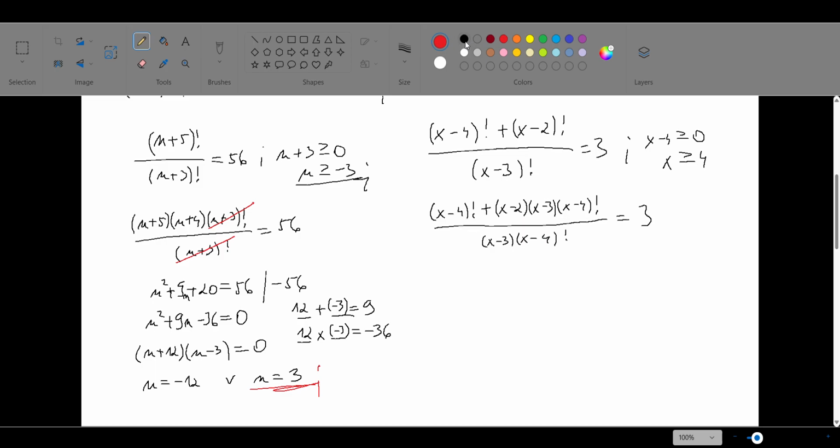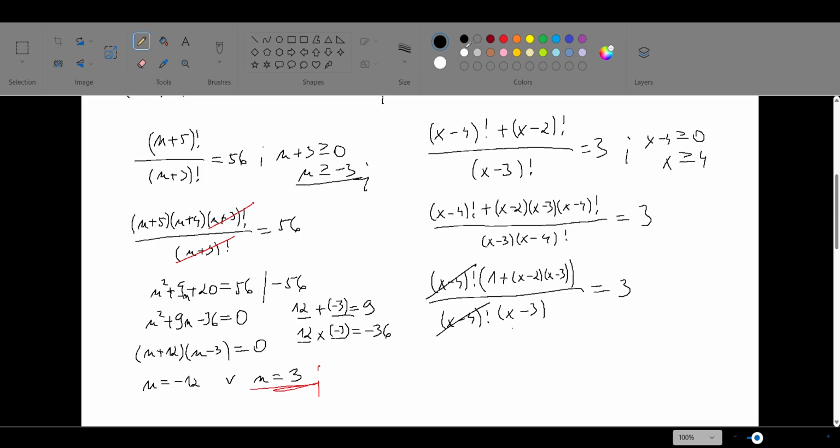So you take this expression and you can write (x minus 4) factorial times, and there remains in the parentheses 1 plus, okay, I will do this like this, over, let me just change these two factors, (x minus 4) factorial times (x minus 3) is equal to 3, so these two factorials will cancel each other.